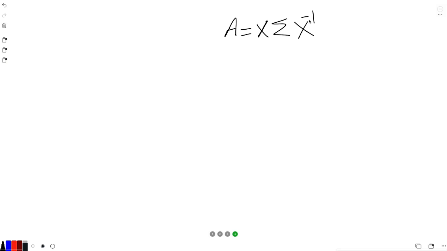This is called eigen diagonalization, because the diagonal elements represent the eigenvalues of the matrix A, and this is true for a square matrix A. So if we have a square matrix A, then we can factorize it into this form.